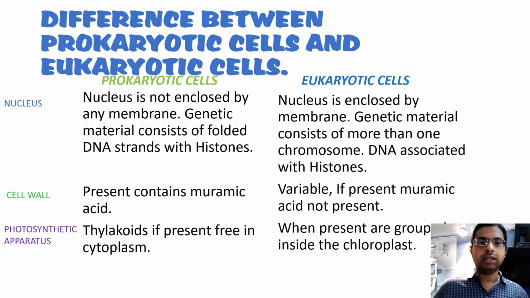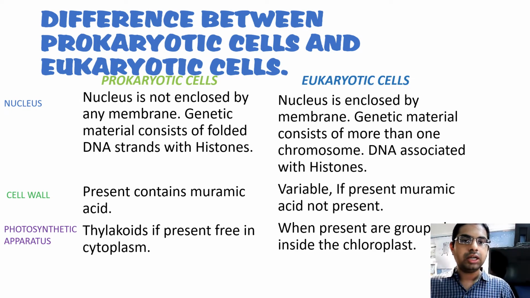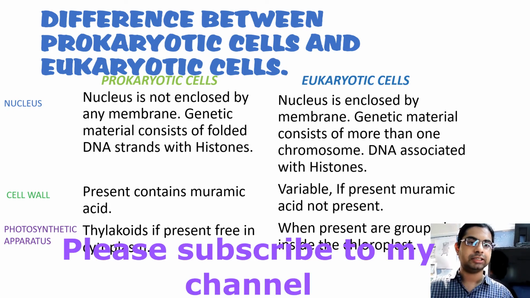So, the differences between prokaryotic cells and eukaryotic cells. Nucleus: the nucleus in prokaryotic cells is not enclosed by any membrane, meaning the nucleus is mixed with the cytoplasm and the genetic materials are dispersed in the cytoplasm.